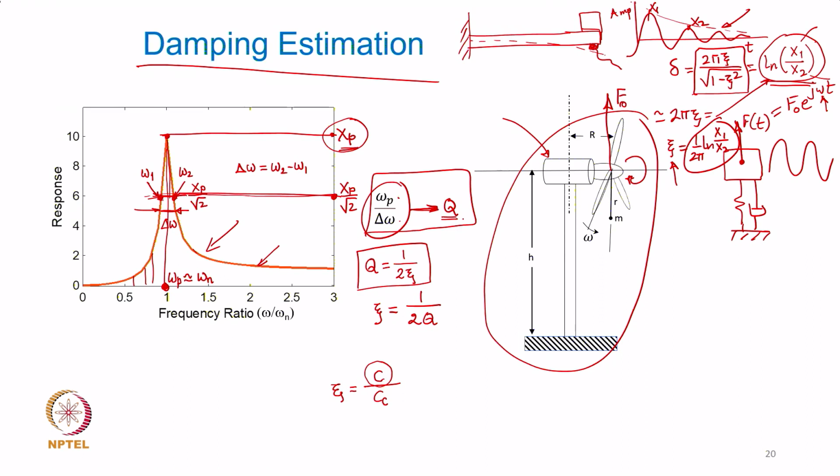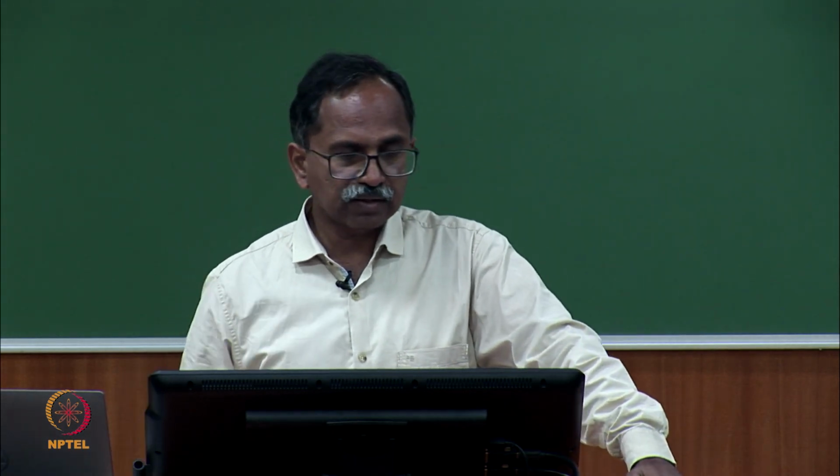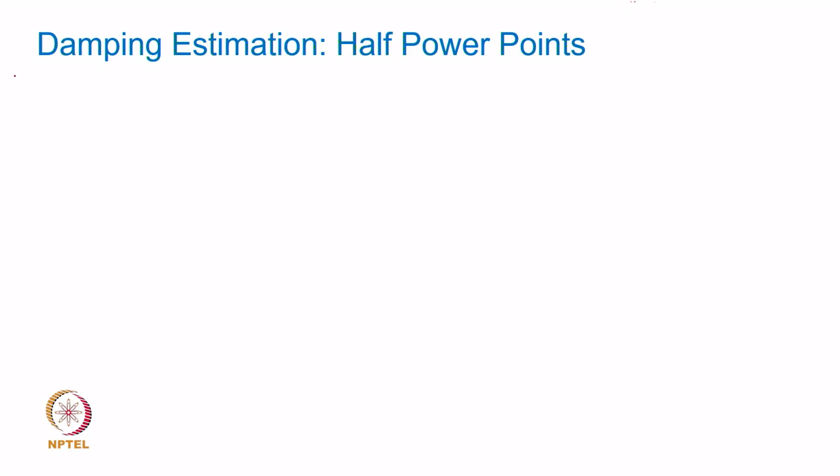Once you do that, using the half power point frequencies, you can actually get the estimate of the damping ratio in the vibratory system. So, this method is called the half power point method, and I hope you know that power is directly related to the square of the amplitude, is it not?